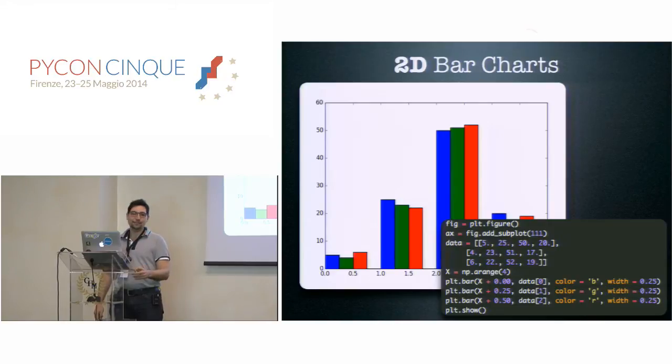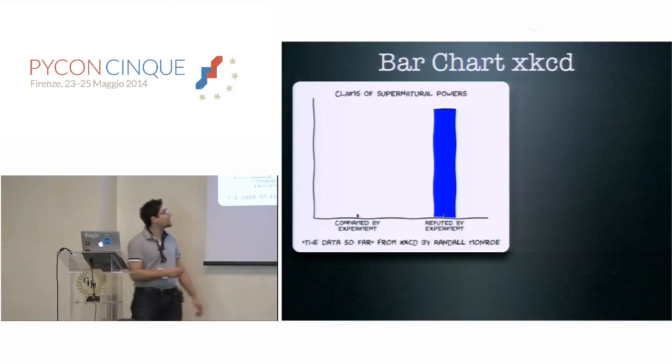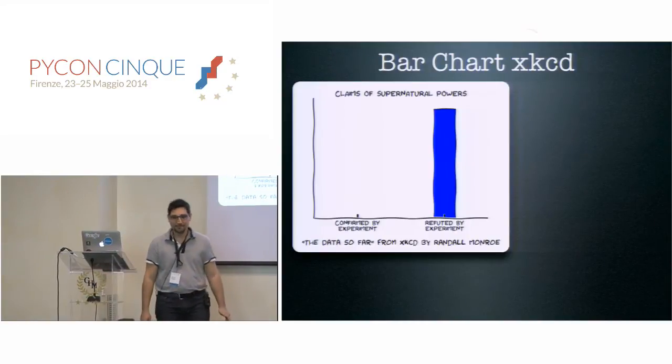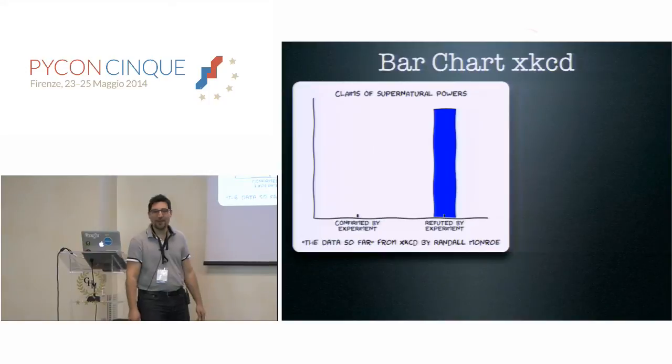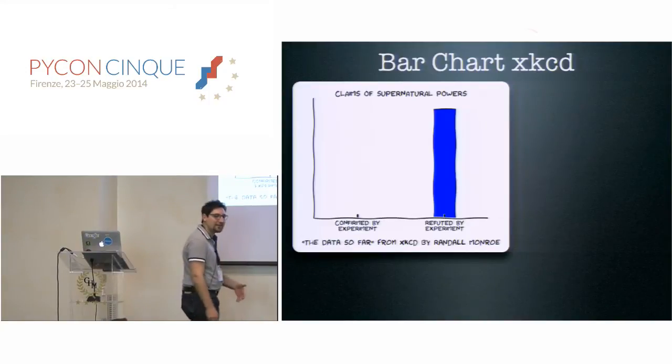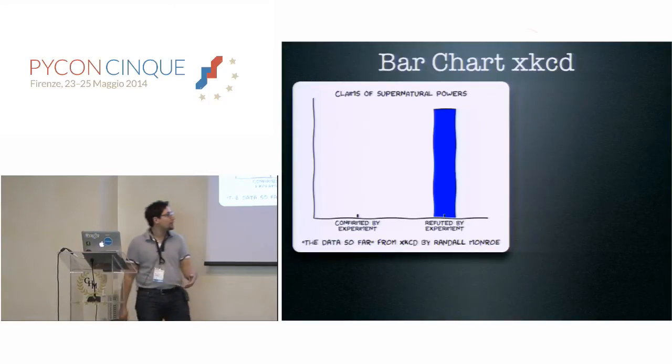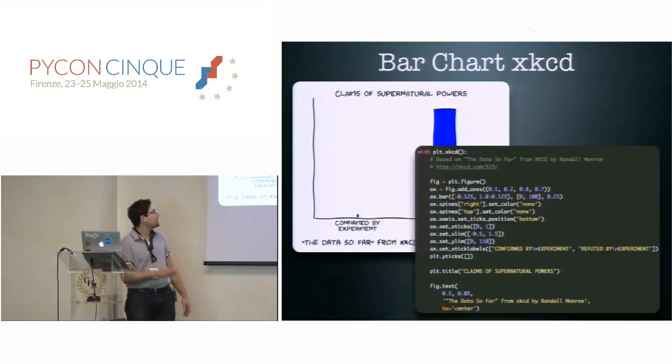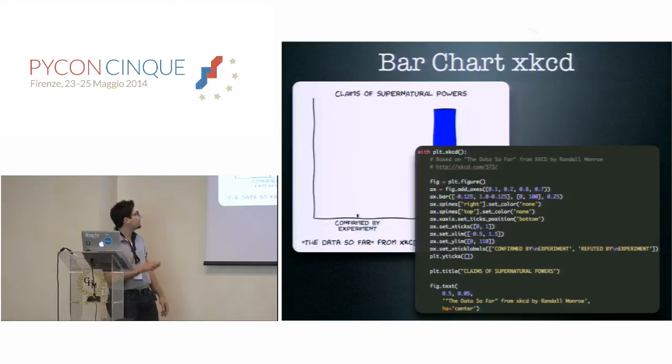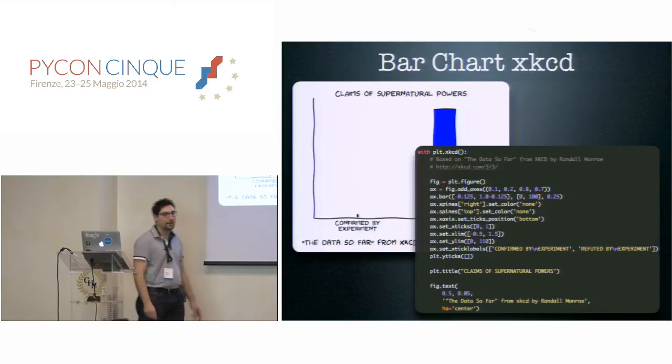And the fun stuff is that Matplotlib also supports the XKCD visualization. So if we want to create XKCD lookalike charts, we may do this in a very, very Pythonic manner. In particular, this snippet of code is extracted from this XKCD comic.